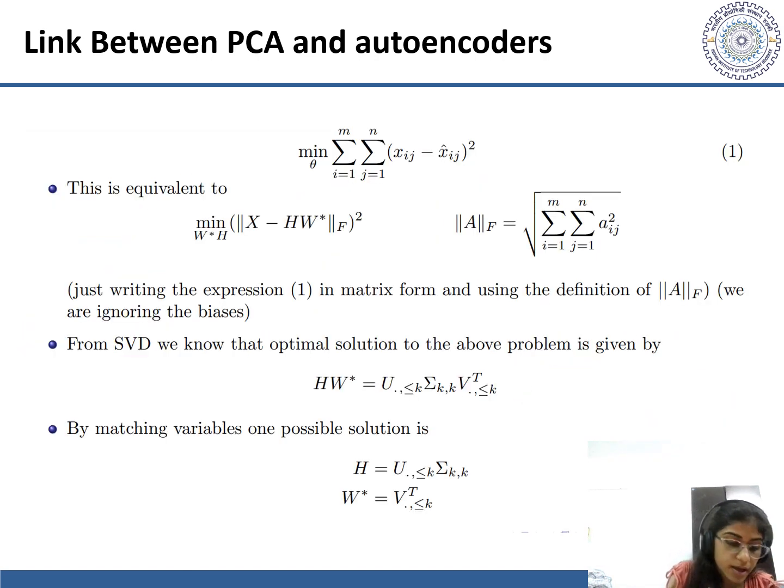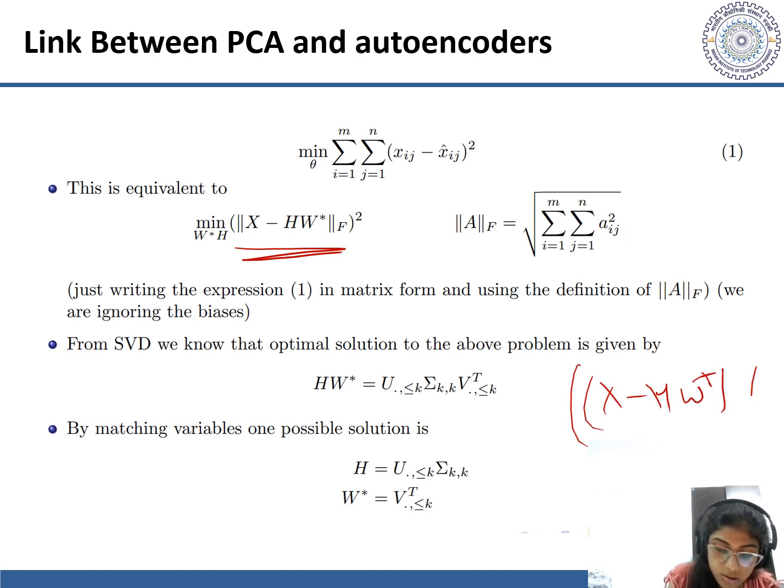Now I got x minus HW star whole square. Now I want to minimize this. This is also the Frobenius norm form. I want to reduce the Frobenius norm.